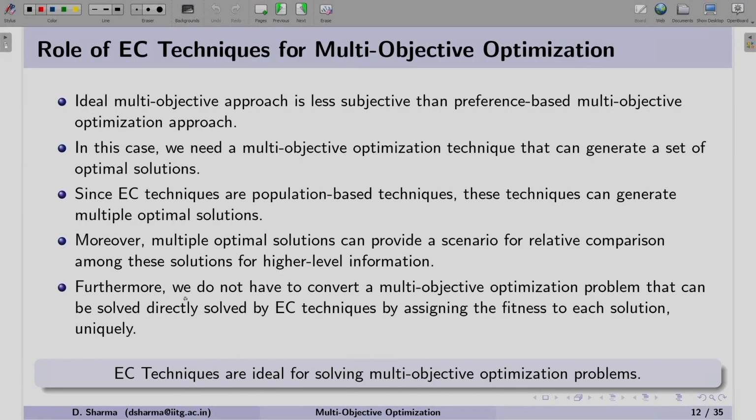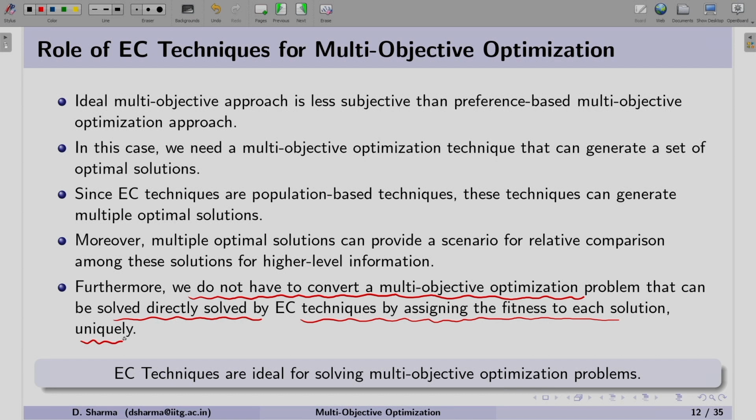So, even though we have decided the higher level information earlier, we can still do this relative comparison among the multiple optimal solutions generated by the multi-objective optimization technique. At last, we do not have to convert a multi-objective optimization problem; it can be solved directly by EC techniques by assigning fitness to each solution in a unique way.